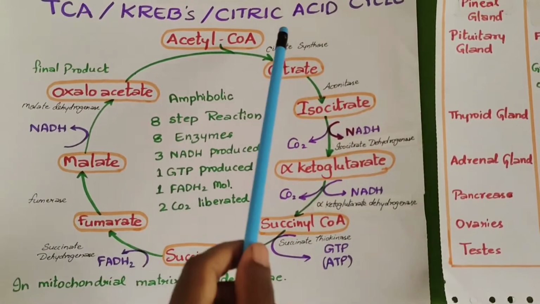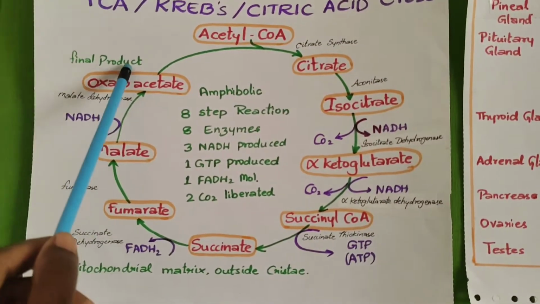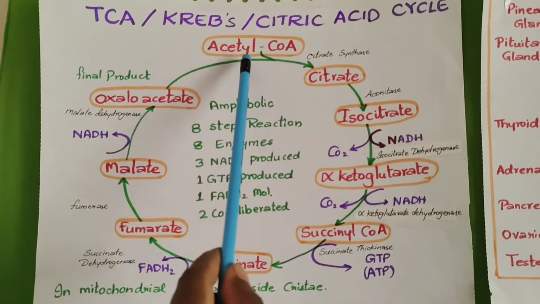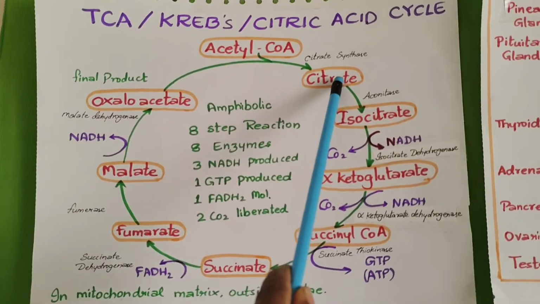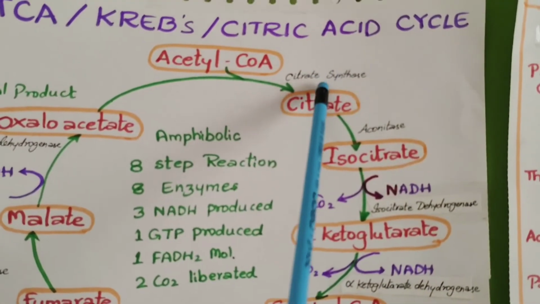Again, what you can expect is the enzymes involved in this cycle. Okay, so starting with acetyl-CoA is converted to citrate with the help of citrate synthase.